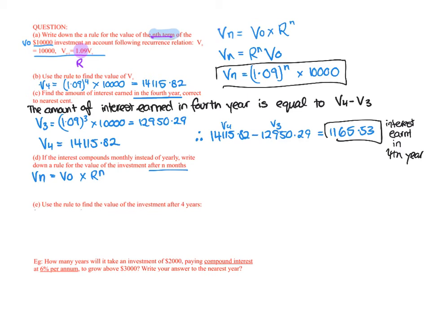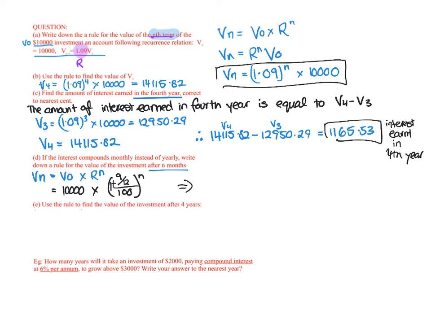It's just that when we work out that R, the 10,000 is still the same. The rate per annum was 9%, but this time we're going to divide it by 12, because it's monthly, so 1 plus 9 over 12 over 100, to the power of n.